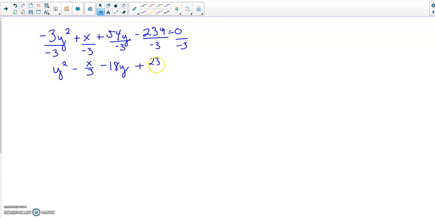So that was 239 over 3 equals 0. So like everything else, I'm going to add x over 3 over and subtract 239 over 3.